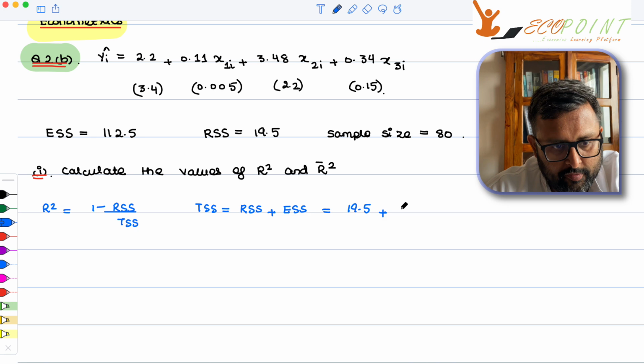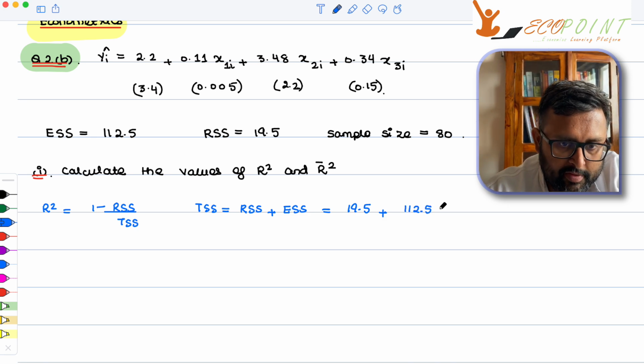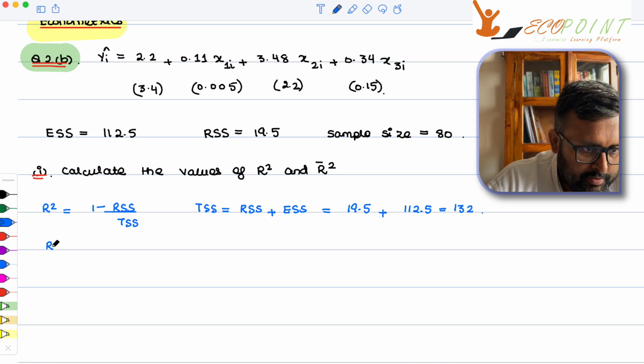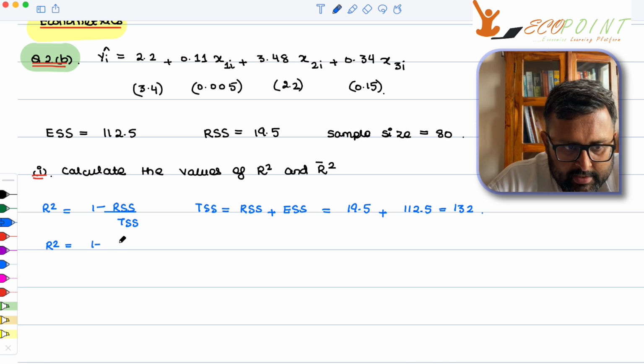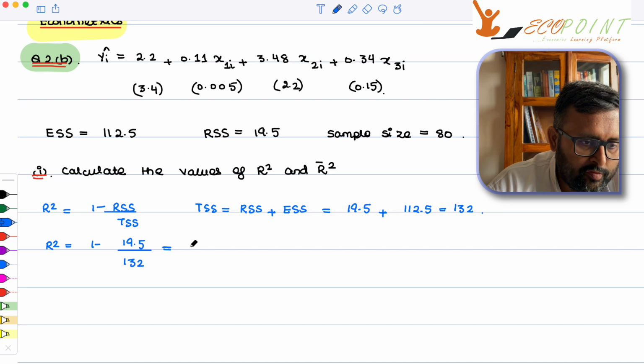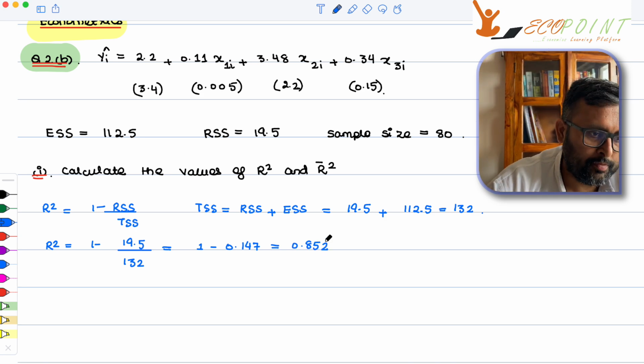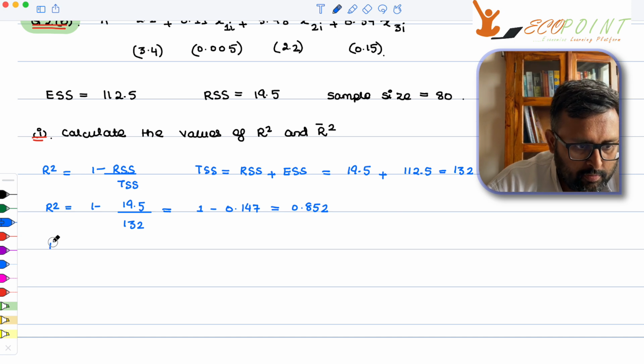That is 19.5 plus 112.5, and that comes out to be 132, right? Just plug in the values. R square is 1 minus, what is RSS given to you? 19.5 upon 132. And that is going to give you 1 minus 0.147. That is 0.852.